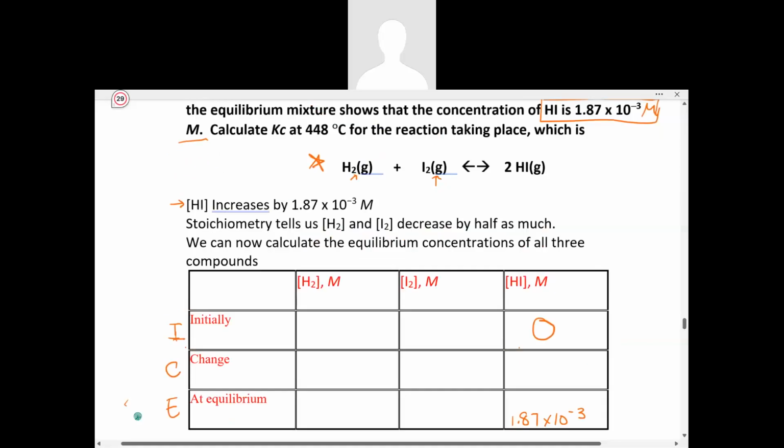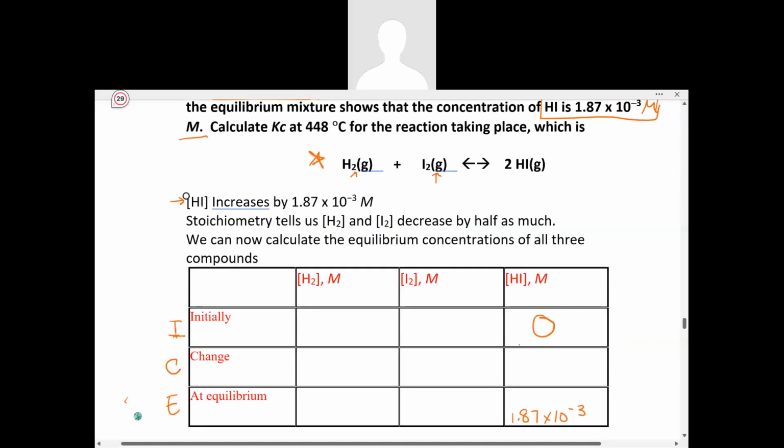The stoichiometry of this reaction tells us that the two reactants, since they have a coefficient of 1, would decrease by half as much. If we assign a variable x and say each of these goes down by x, then HI, with a coefficient of 2, must be a change of plus 2x.